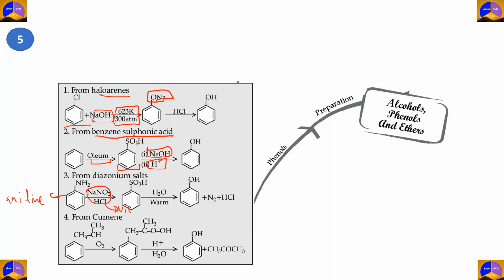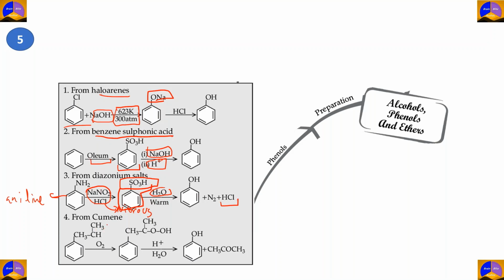So that's nitrous acid at 273 to 278 Kelvin forms a diazonium salt. This is a diazonium salt. And then they are hydrolyzed to phenols by warming with water. So you add water and you heat it, you get a phenol plus nitrogen plus HCl in this case.